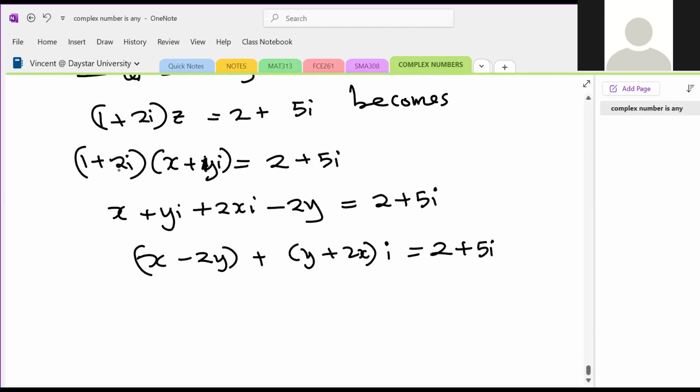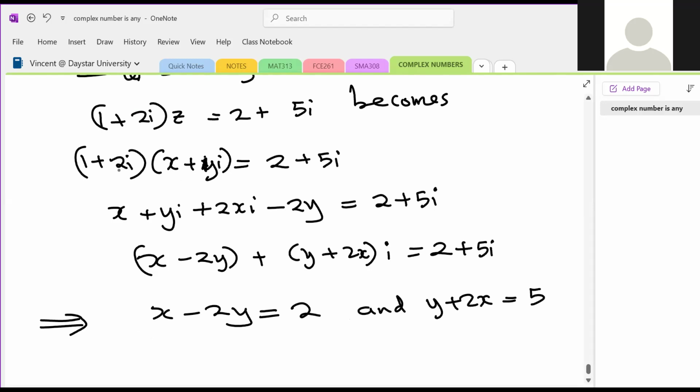Collecting real terms, you have x minus 2y, and imaginary parts will be y plus 2x, i equals 2 plus 5i. And so for these two numbers to be equal, then x minus 2y should be the same as 2, and y plus 2x should be the same as 5. That's the interpretation of those two complex numbers being equal.